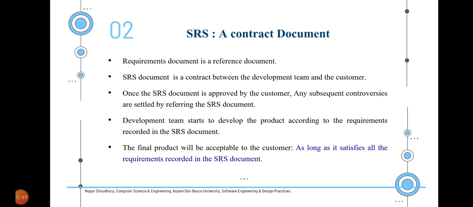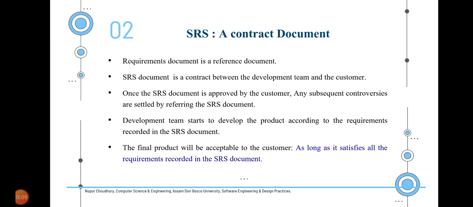So it is like the total guide for developing a particular product. Now, the development team starts to develop the product according to the requirements which are recorded in the SRS document. We shall look at the structure of the SRS document after a few minutes.